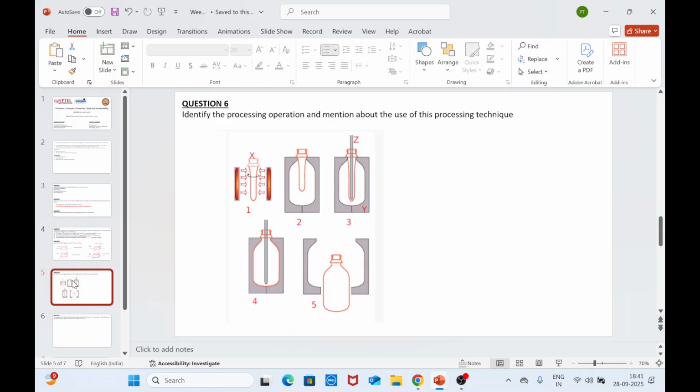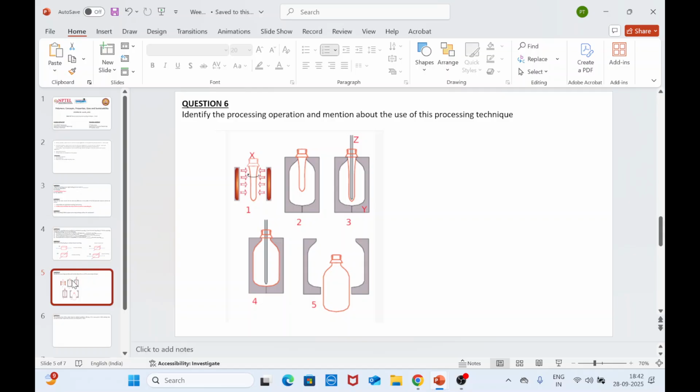The first one is the preform, then you put the preform inside the die, I mean the mold, then you insert a rod and stretch the polymer, and then the fourth one is you blow gas or air into it so that the polymer can attach to the surface of the mold, and the fifth one is you cool and solidify it, and then the product is ejected out.